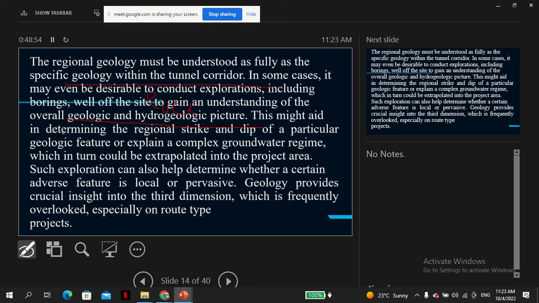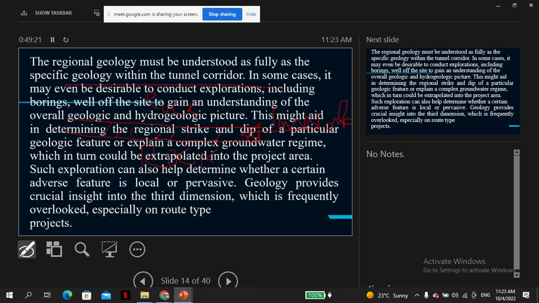But besides the point, if there is a thin layer of weak rock here, for example, maybe limestone, let me say, limestone, and this is rock.